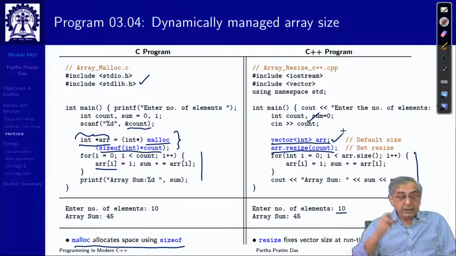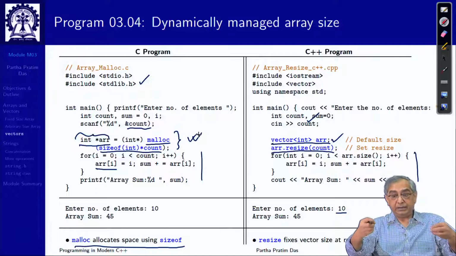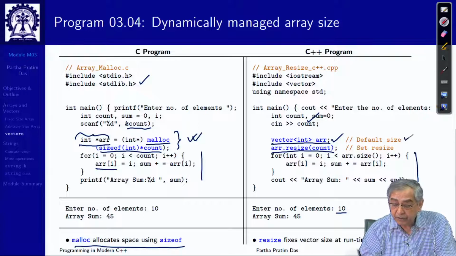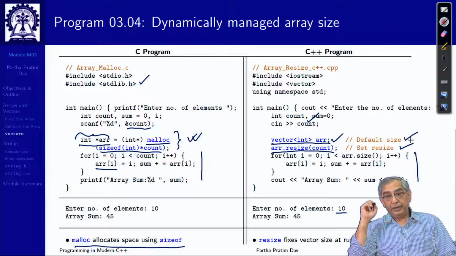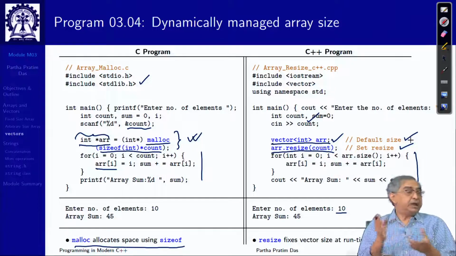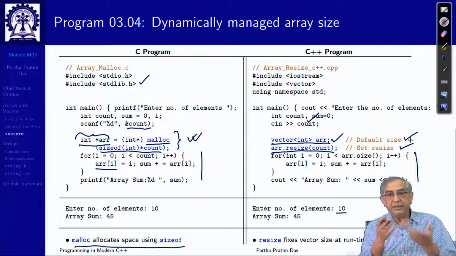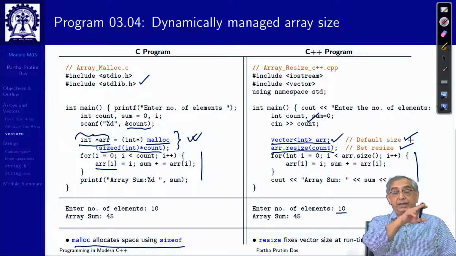Second and most important thing is, you can set the size by malloc only once, because this is the time that you are allocating and getting space, whereas here you have first got the array and then you are resizing it. Right. So, even going forward, if you decide to have more elements, or if you decide that you do not need that many, you can again resize. At runtime, you can change the size of the array as you need.